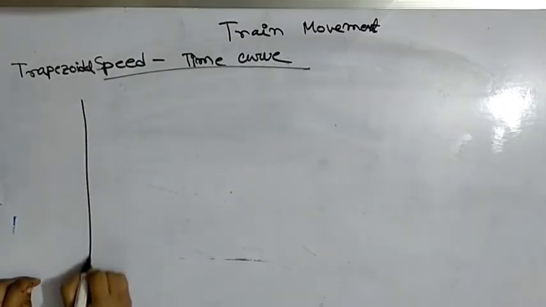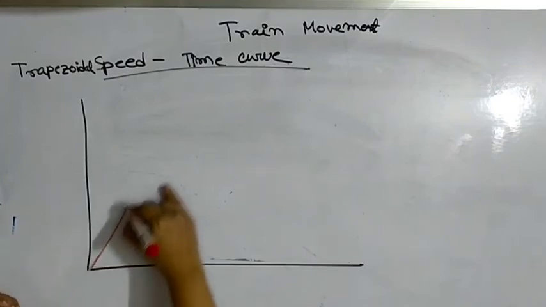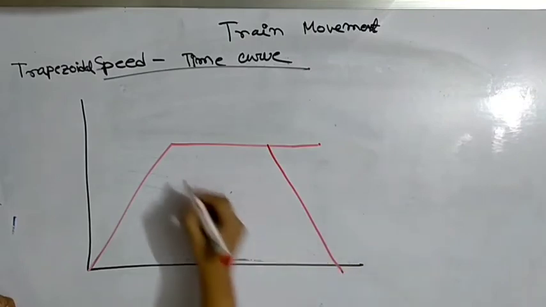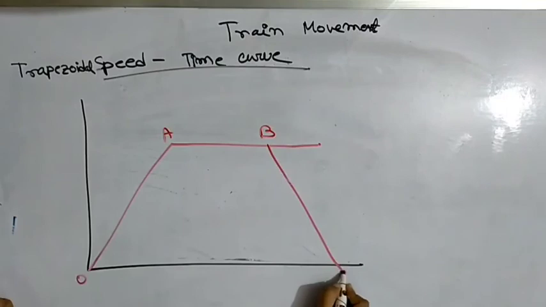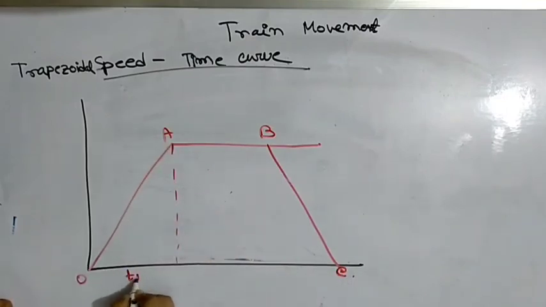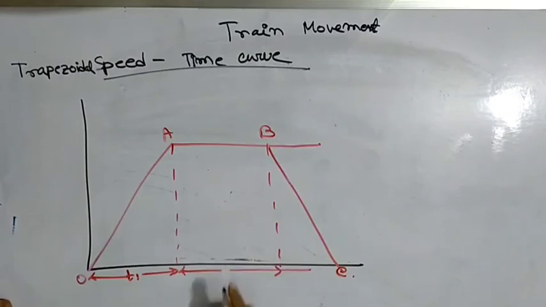Trapezoidal speed time curve. This is O, A, B, C. This is T1, this is T2 and this is T3.